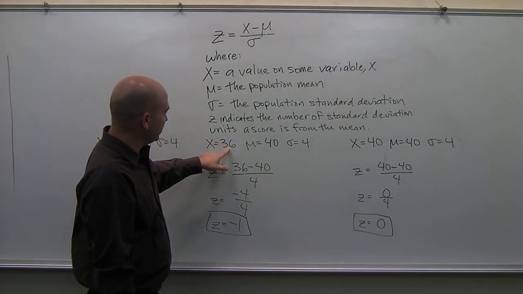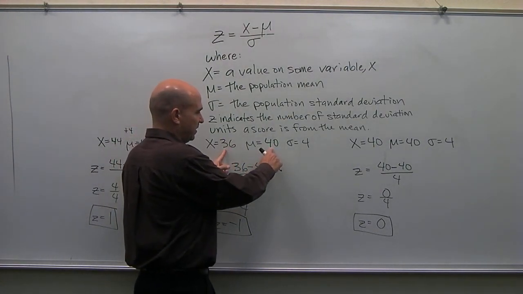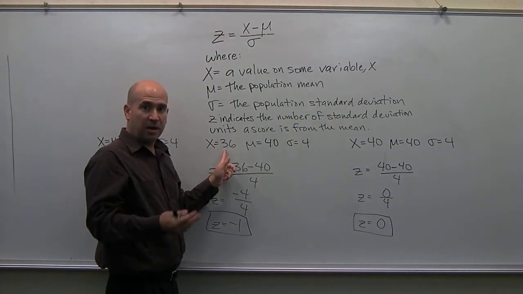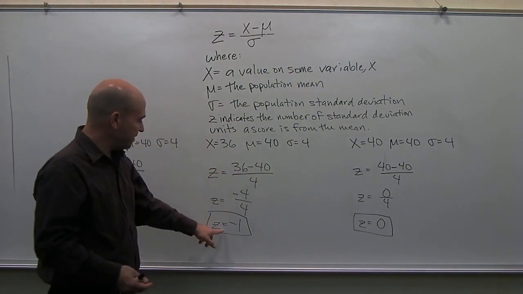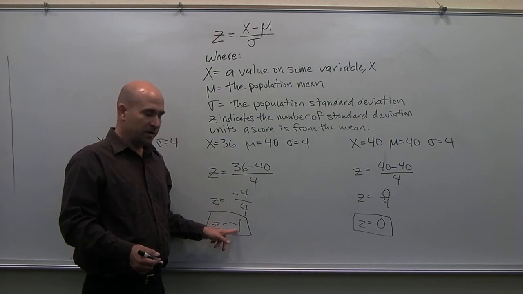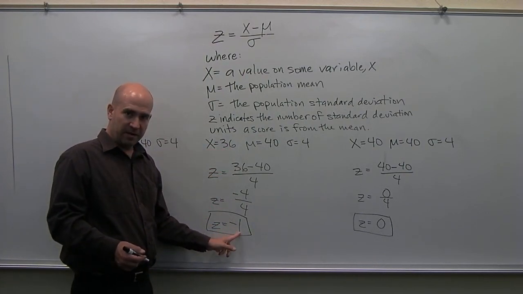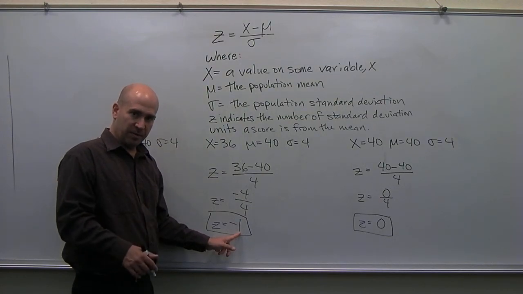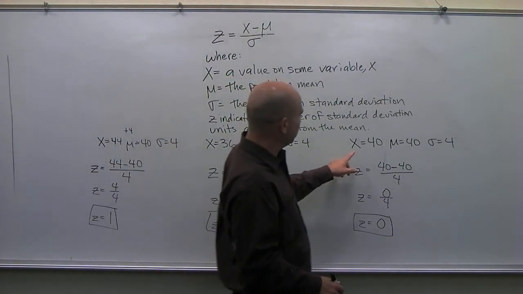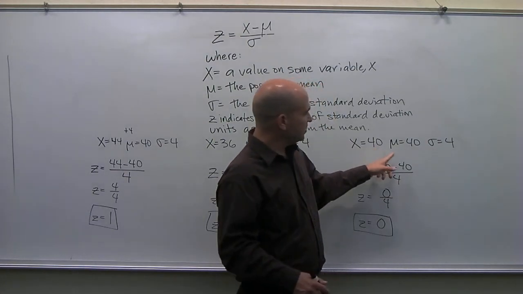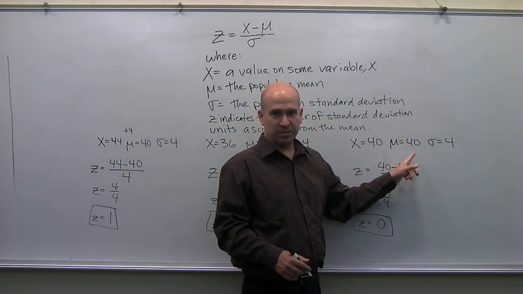Here we see a score of 36, which happens to be 4 points below the mean. And this gave us a z-score of -1. So this is telling us that a score of 36 is 1 standard deviation below the mean. And then finally, with our score of 40, notice what it is in relationship to the mean.